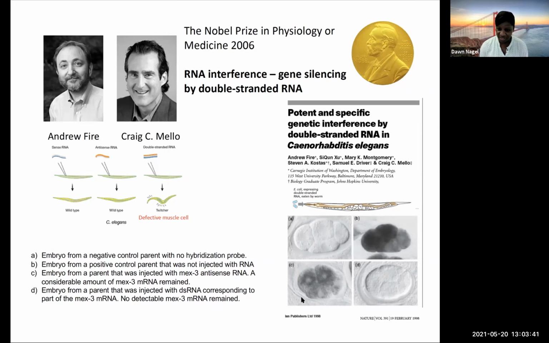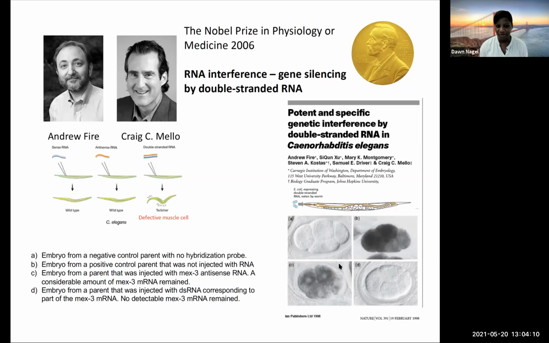So follow-up studies from this group and others showed that the reason that you had this happening was because there was a contamination, right? So there was a contamination in this pool of antisense RNA, where some of it included double-stranded RNA, okay? But not a lot of it, just a little bit of it, enough to show the reduction or this partial silencing. So this was discovered after, which we know now, okay?